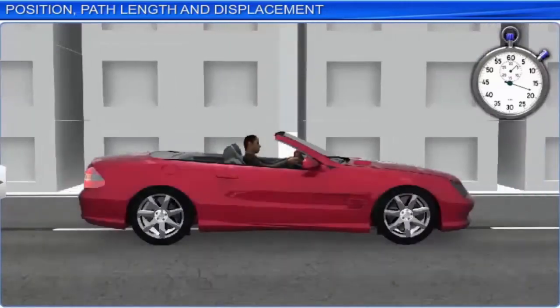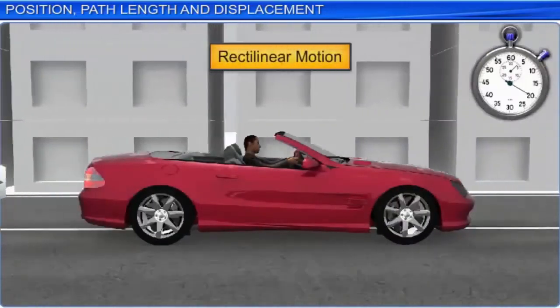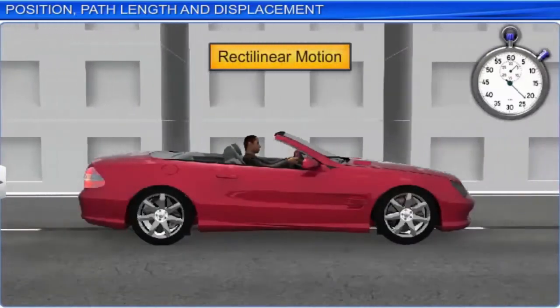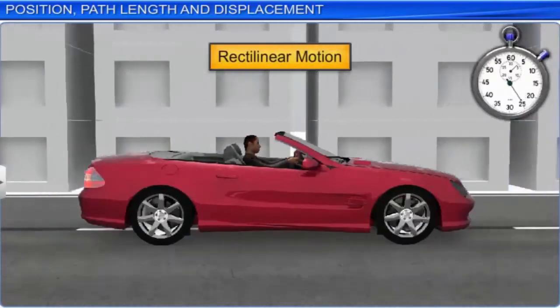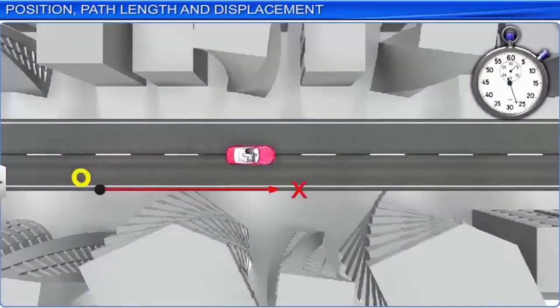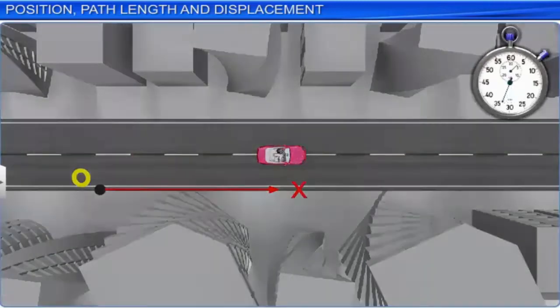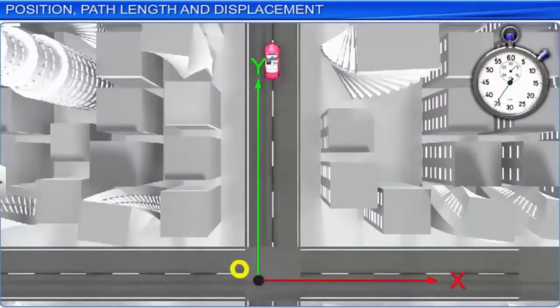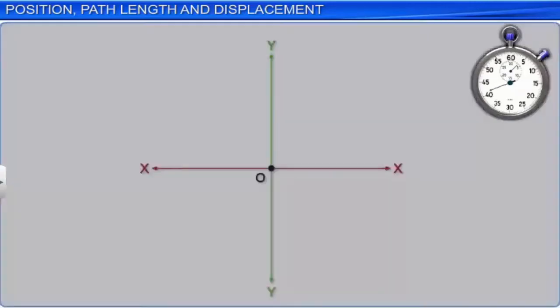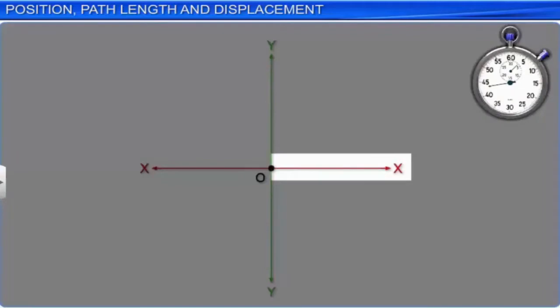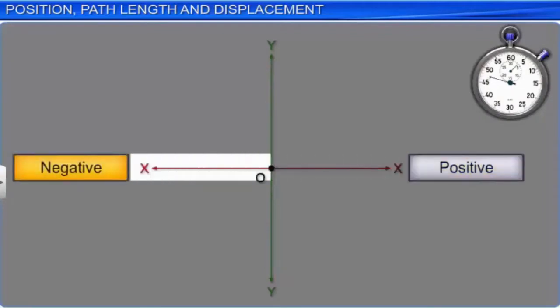Let us examine rectilinear motion more closely. To study the motion of a body along a straight line, we have to align the straight line along one of the axes, which is usually either the x-axis or the y-axis, and then choose a convenient origin, O. Positions to the right of O are taken as positive, and to the left of O as negative.